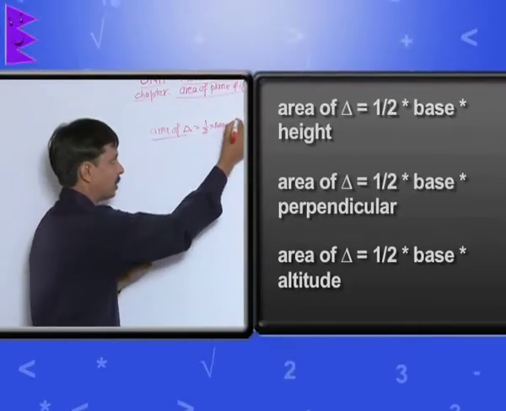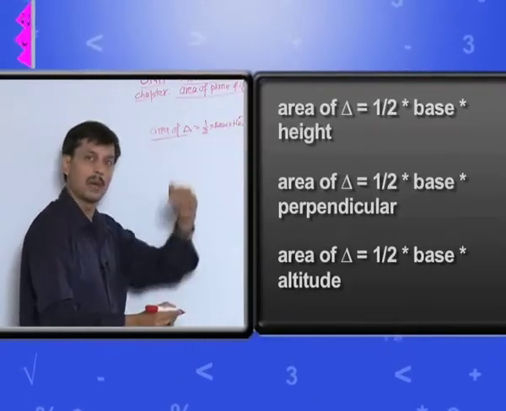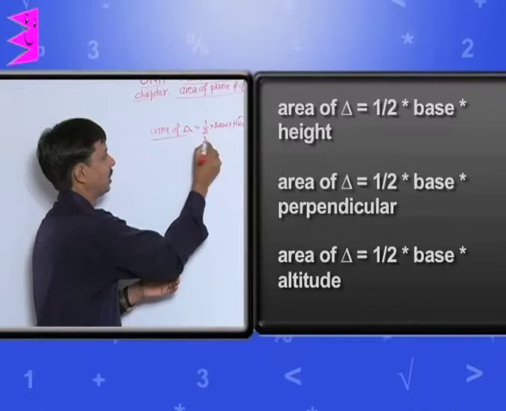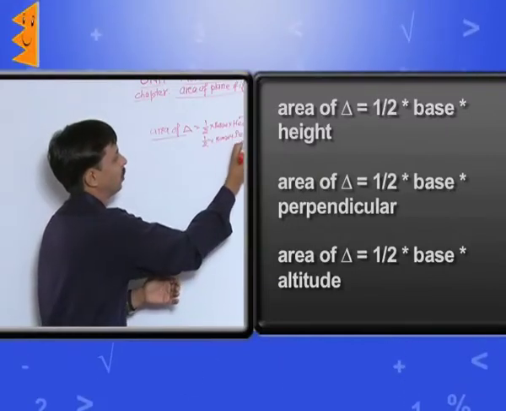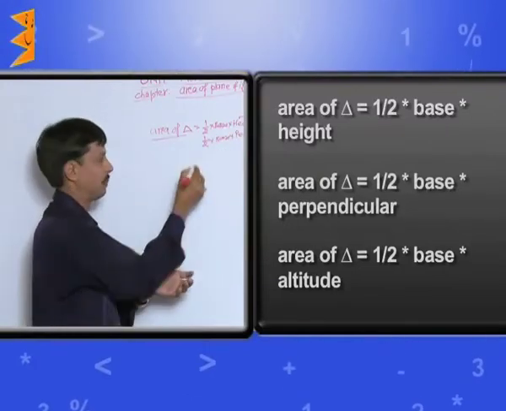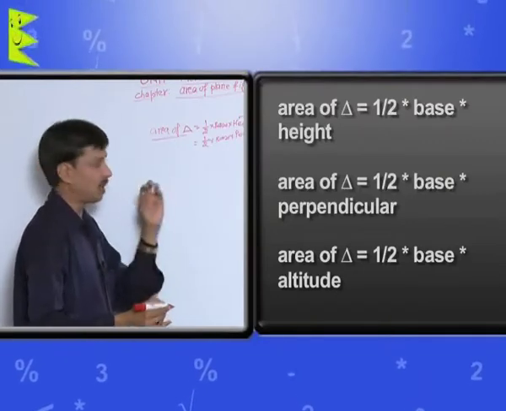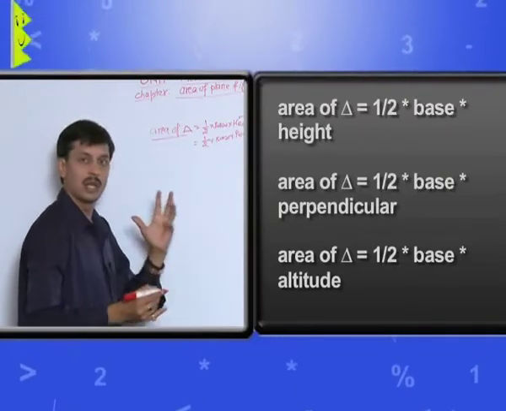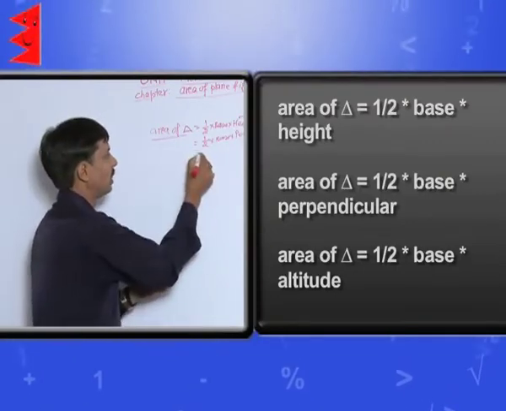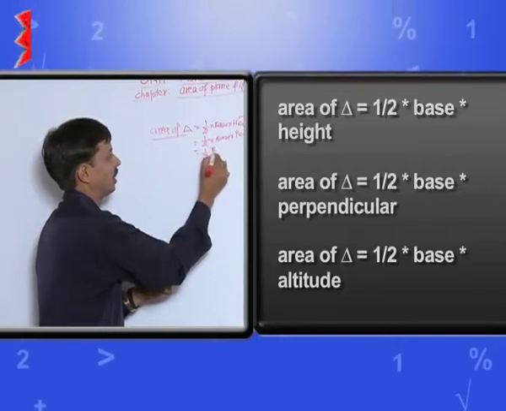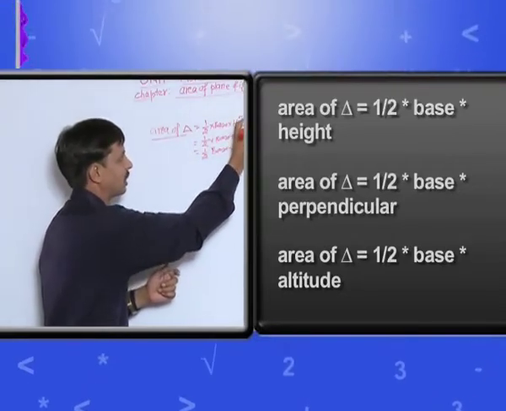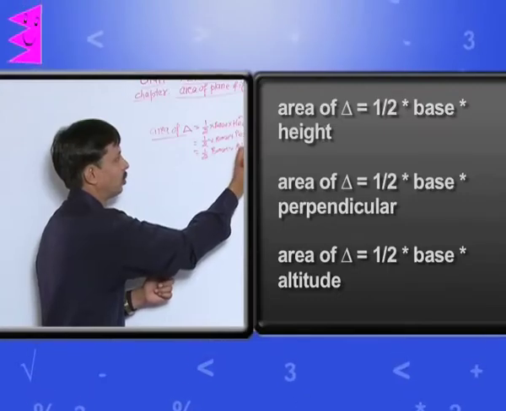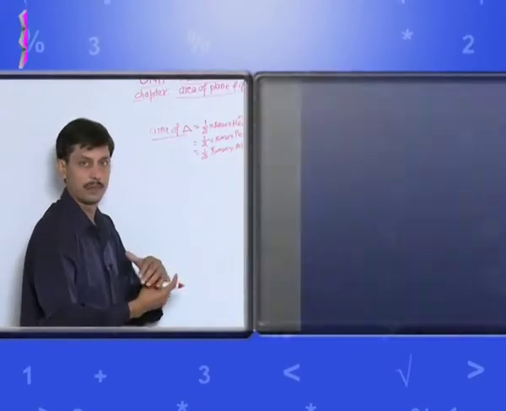If in place of height someone says perpendicular, you can say it is half base into perpendicular. If the triangle is right angled, someone can also say half base into altitude. These three words, height, perpendicular, altitude, are approximately the same.